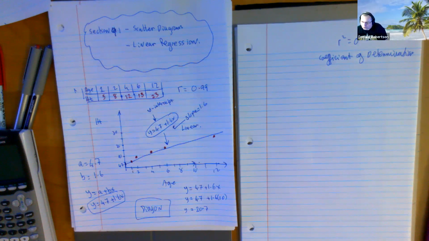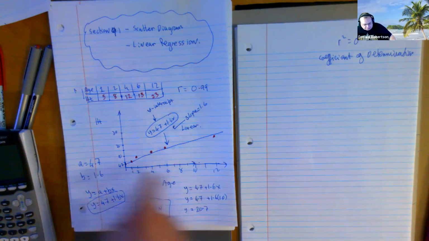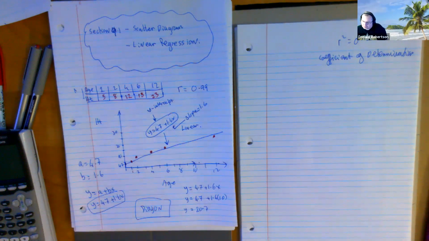And wouldn't that be a pretty accurate prediction, based on the fact that this data is pretty linear? Will it be perfect? No, nothing is. But would it be close? Pretty sure it would be close. Are we cool with that?